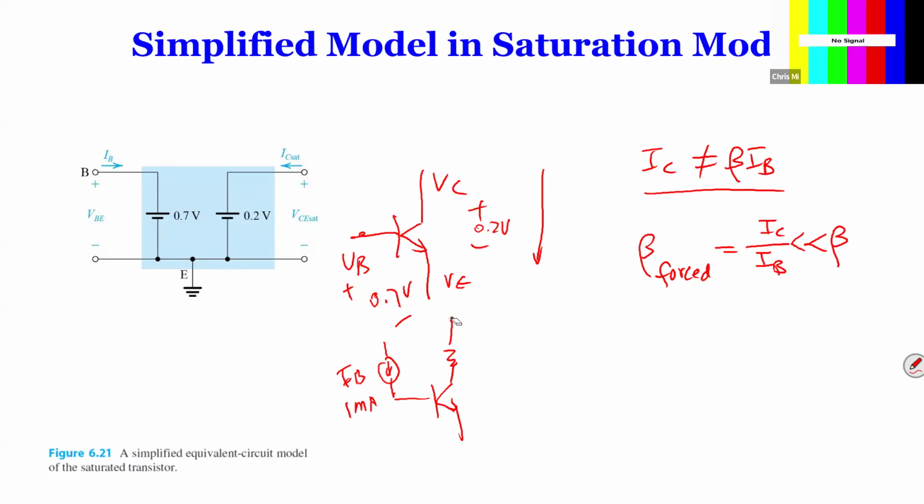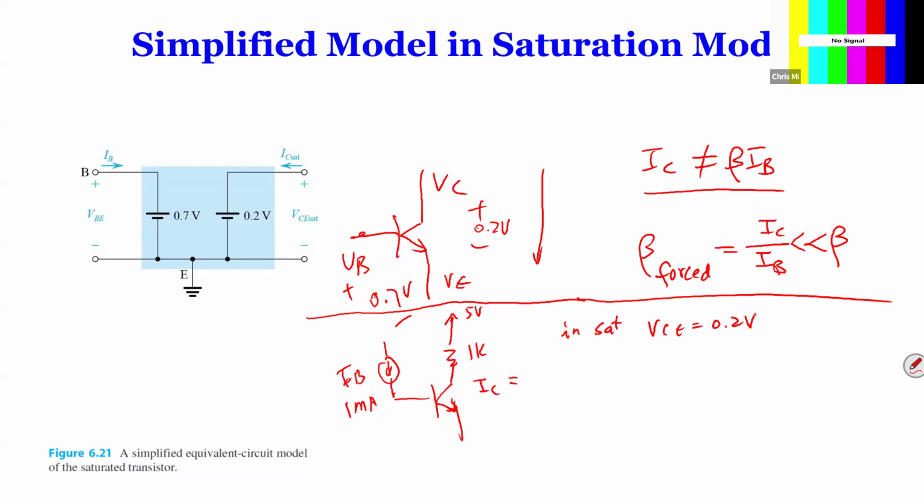I'm going to inject a very big current, and I'll tell you this is already in saturation. Of course, later on we can verify. So in saturation means VCE is going to be 0.2 volts. So IC is going to be 5 volts minus 0.2 divided by 1K.